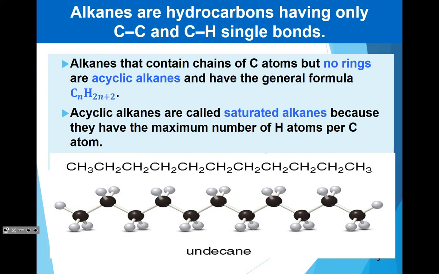Okay, this is undecane, which means it's 11 carbons long. We okay to move forward? I tried to highlight things in blue that you needed. Because it's decane, which is 10 plus 1 more.